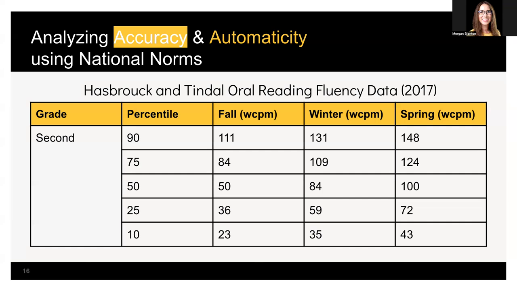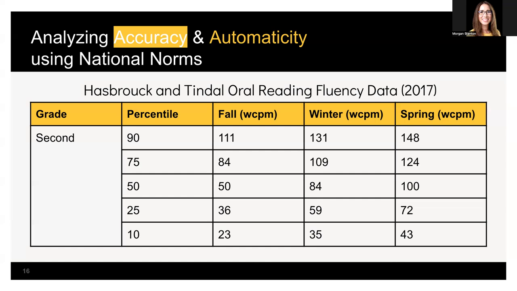Then in the fall, they're reading about 111 words correct per minute. In the winter, 131, and then in the spring, 148. The average second grader here at the 50th percentile in the fall is reading about 50 words correct per minute. In the winter, 84, and then in the spring, 100.